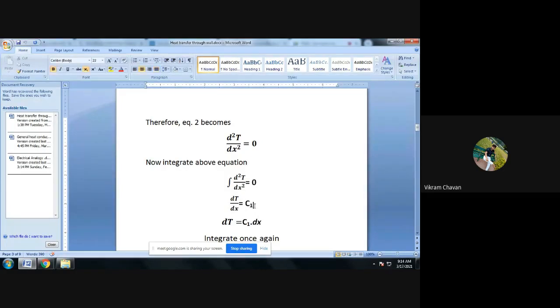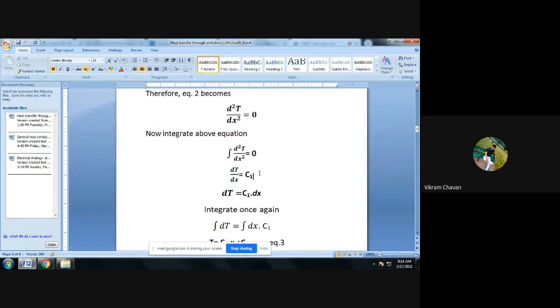C1 is one constant. Then we split dT/dx, transferred dx to the other side, and kept dT on the left side only. So dT = C1 dx, which will be useful to integrate once again.